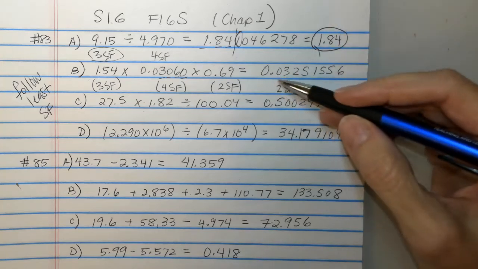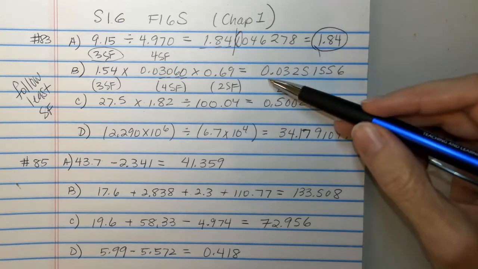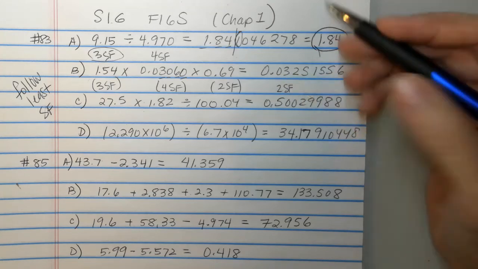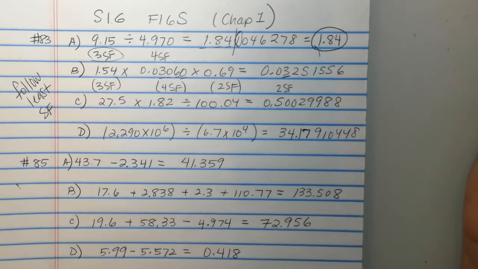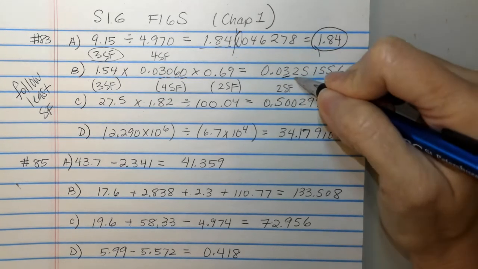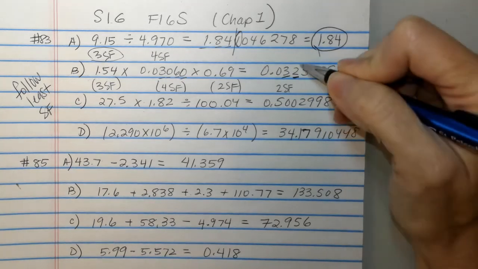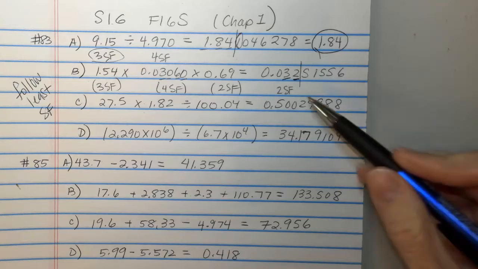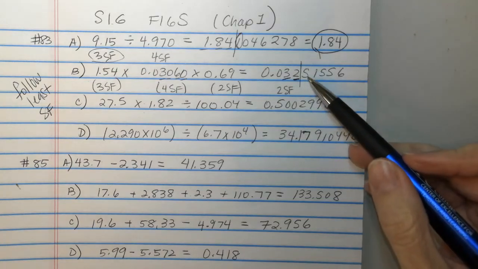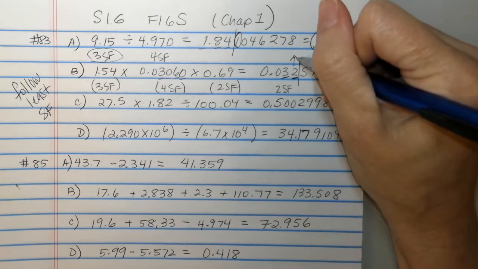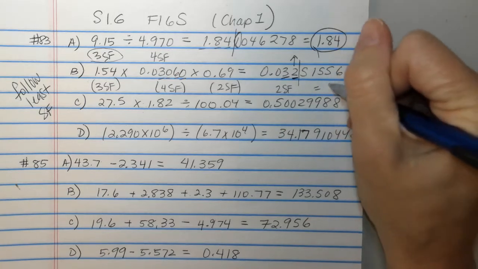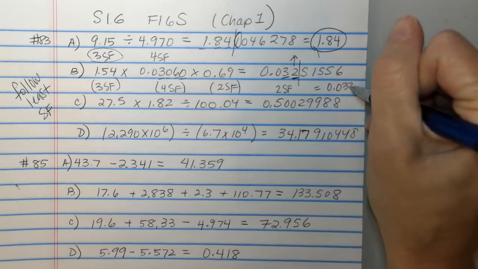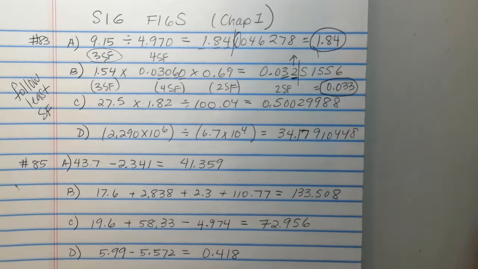I'm going to keep them, but they're not sig figs. So in 0.03, that 3 is the first significant digit. The digit after that is a 2. I want to keep that. That's where I'm going to cut because there's my 2 significant figures. What I'm cutting off is 5 or greater, so the previous digit needs to round up. So this answer would be 0.033 to 2 significant figures.